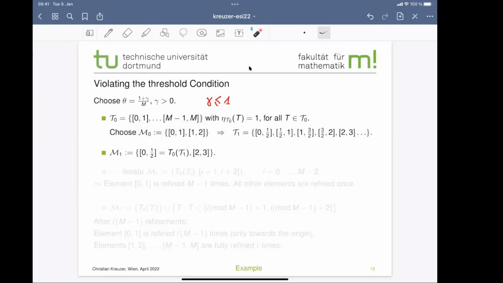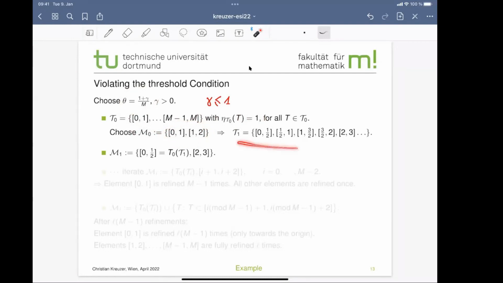In this situation, the indicator in the first interval is 1, and we choose M0, so the first marked elements, to be the first interval and the second interval. Okay, we cannot just choose the first interval because this is not satisfying the Dörfler condition anymore with that parameter, so we have to choose 2.